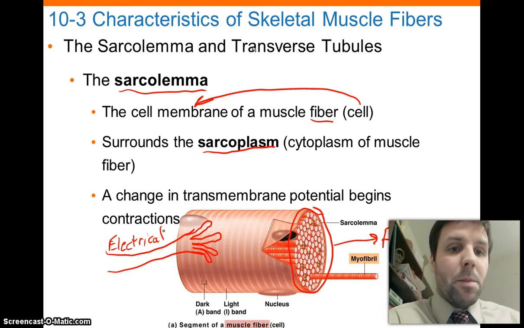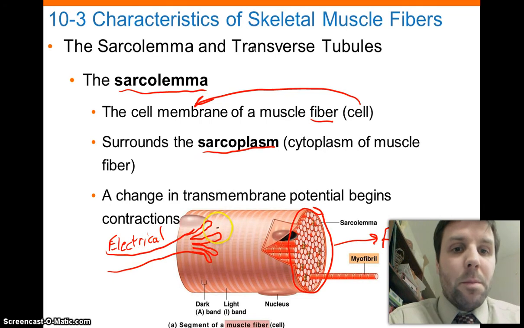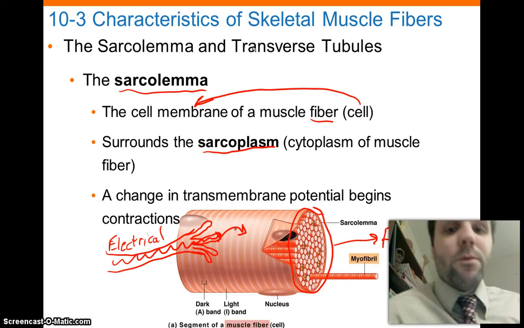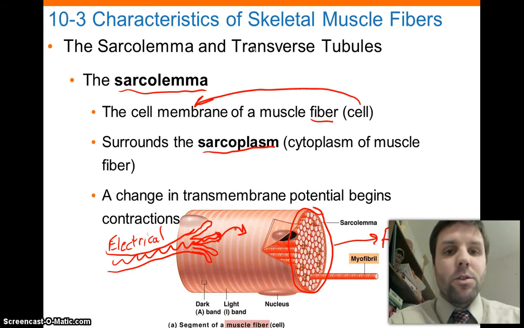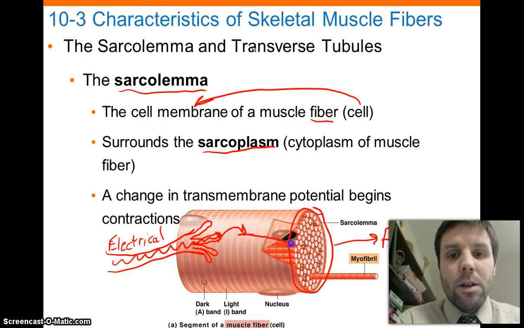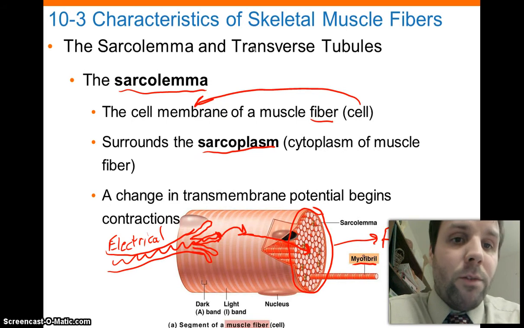We'll talk about how nerves pass that onto a muscle in a later video. But for right now, just keep in mind that the electrical signal is going to be passed down the length of the nerve, out into the very end, and then it's going to be passed onto the sarcolemma. All right. From there, the sarcolemma is going to transmit that action potential, as we'll call it, through the muscle fiber to all these individual tiny pieces, which we'll later talk about, called myofibrils.